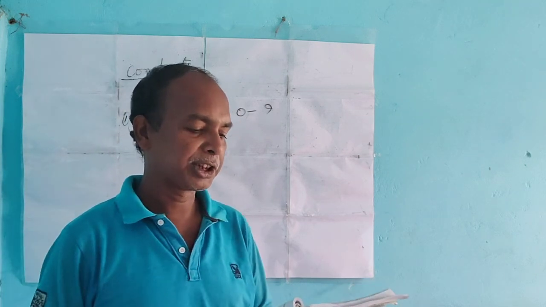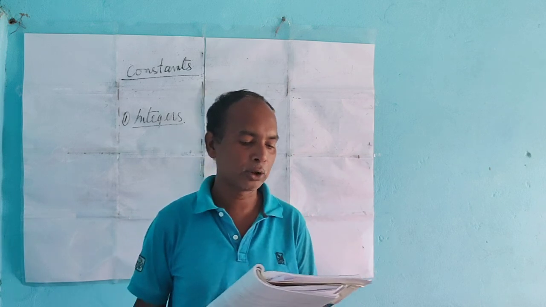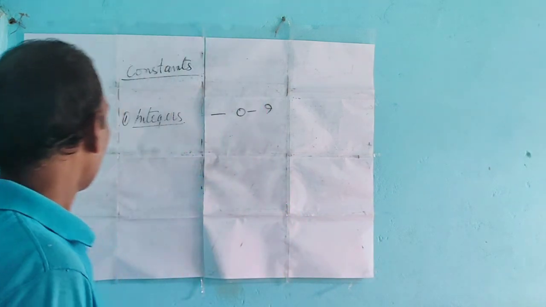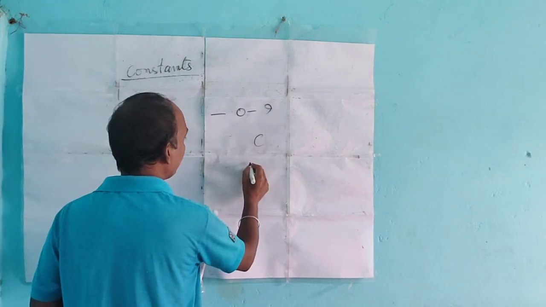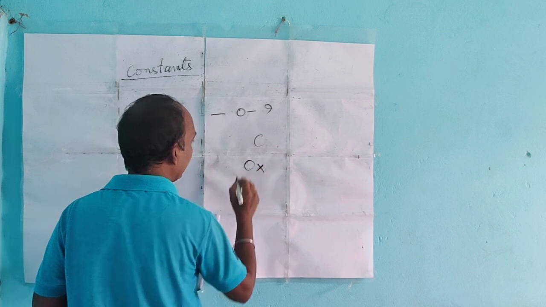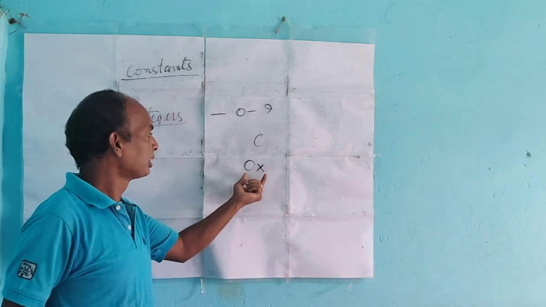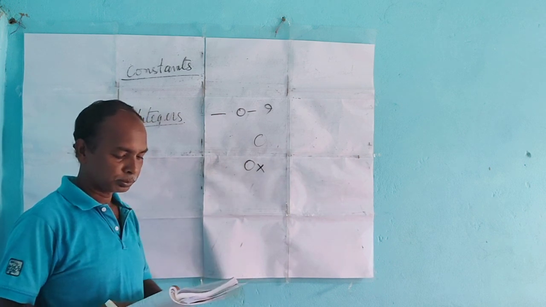An octal number is preceded by 0. A hexadecimal number is preceded by the characters 0X or 0x. For an octal number we use only 0, and for a hexadecimal number we use 0x. This symbol represents octal numbers, and this symbol represents hexadecimal integers.